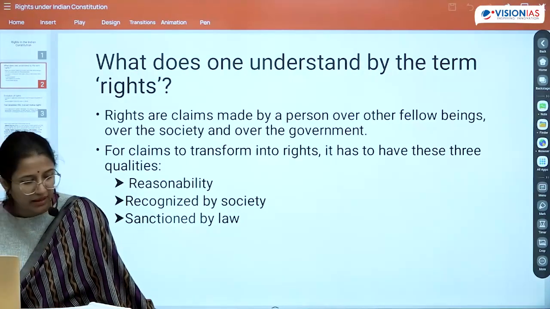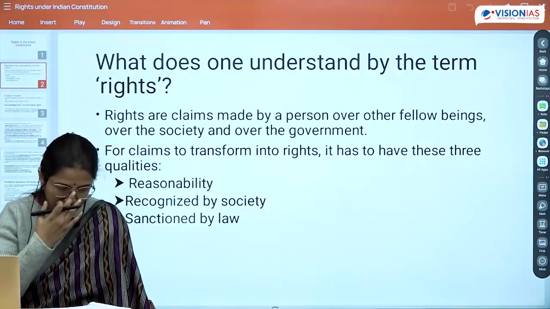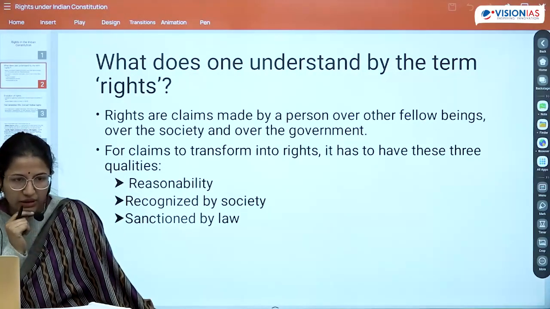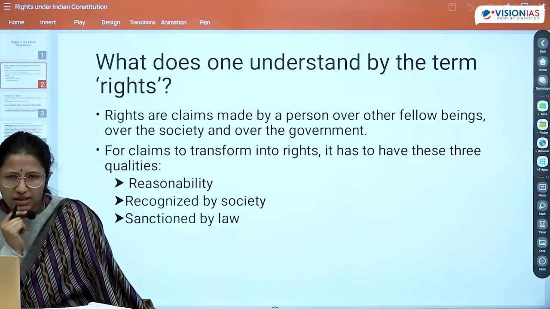They become enforceable. Underline it. What does this mean?